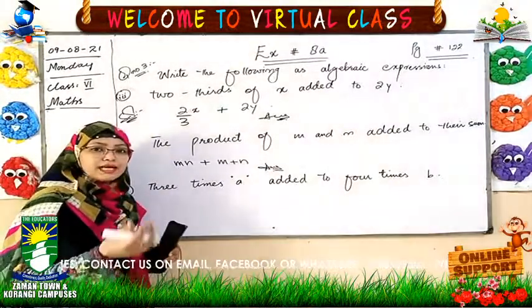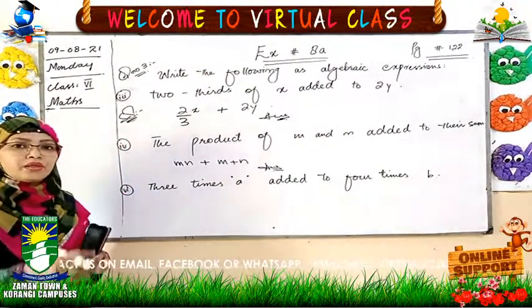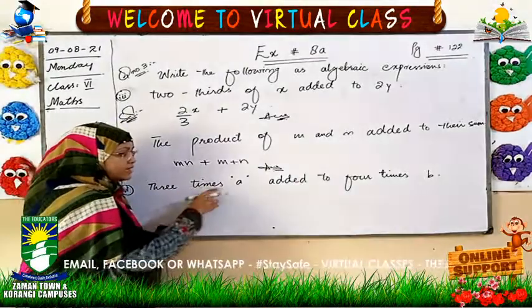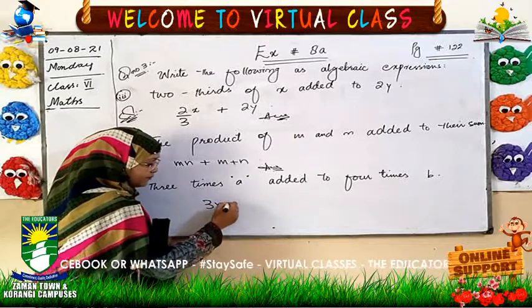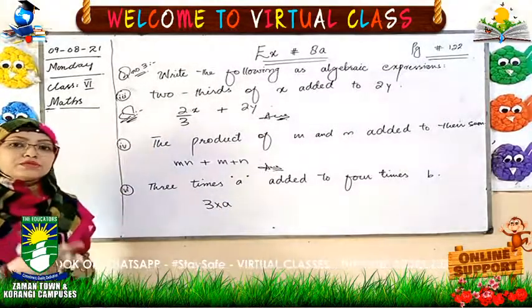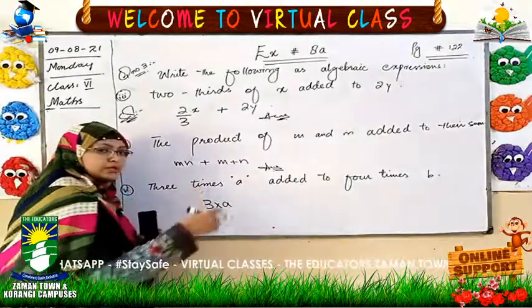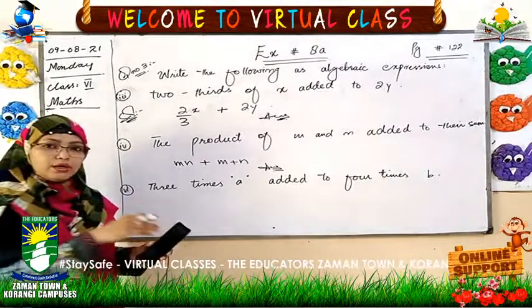3 times. Okay. It was left for explanation. Times means as many times as we have a number or value, it means that we have to multiply it so many times. 3 times a means what we have to do? We have to multiply. And whenever we have 3 times, 2 times, 4 times, 5 times of any variable, we will write down the number and the variable together.